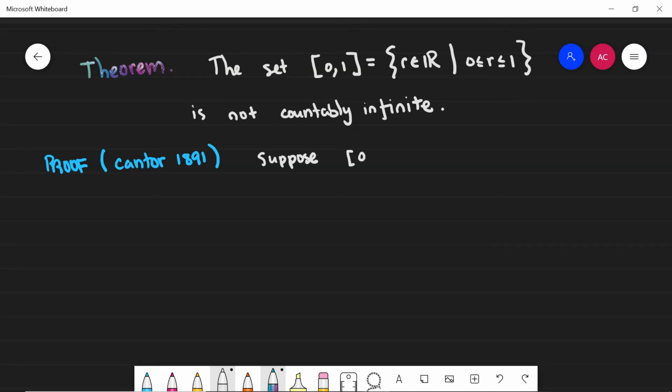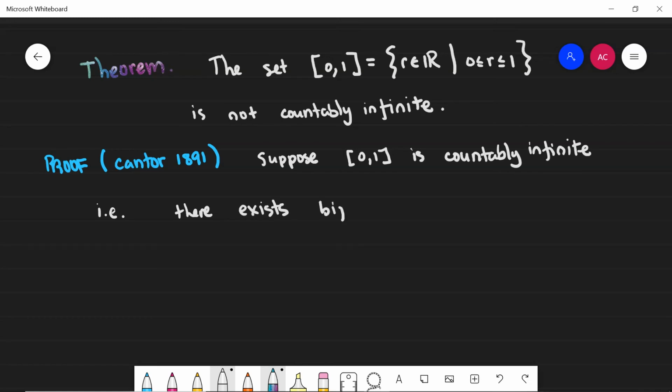So suppose that this set is countably infinite, and we're going to arrive at some sort of contradiction. Okay, so I'm going to suppose that the set is countably infinite, i.e., there exists a bijection. We'll call this bijection g.